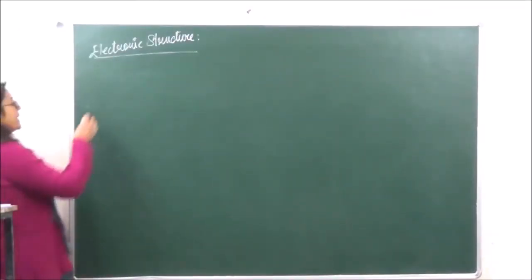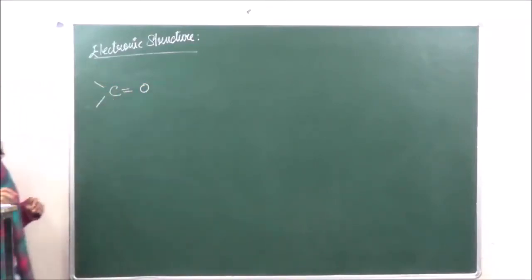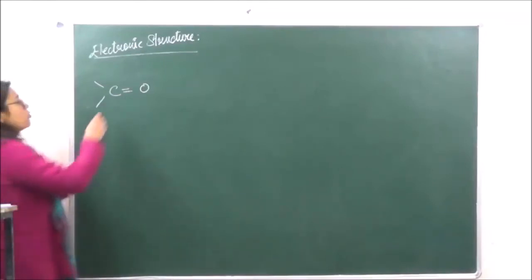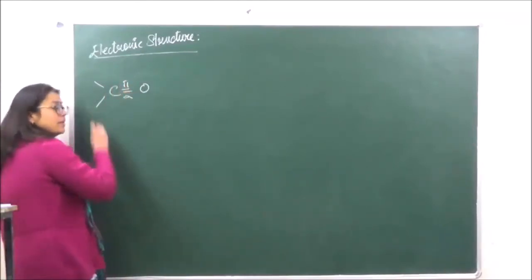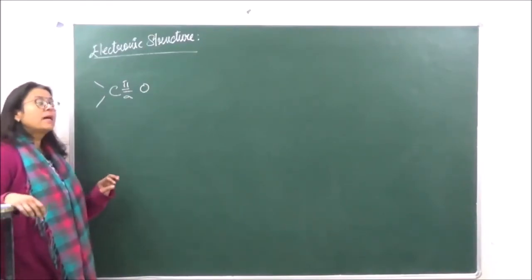When we are looking at the electronic structure, we have the structure of the type C=O. Now over here you can see that there is going to be a double bond between carbon and oxygen. Therefore there is going to be one pi bond and the other one is going to be a sigma bond, right? Now the carbon-oxygen bond over here is quite different from the carbon-carbon double bond.